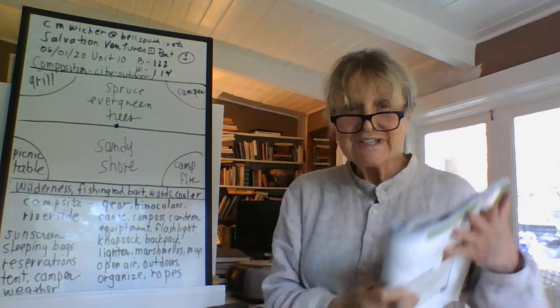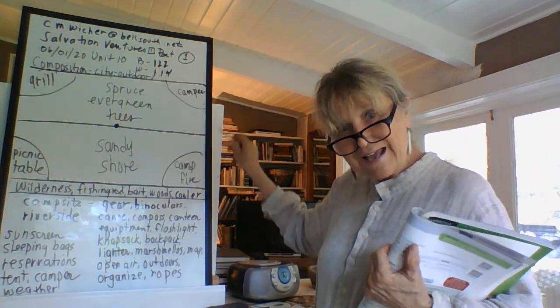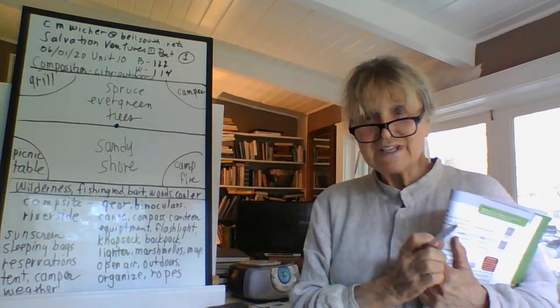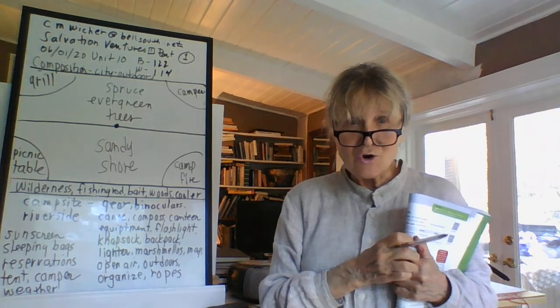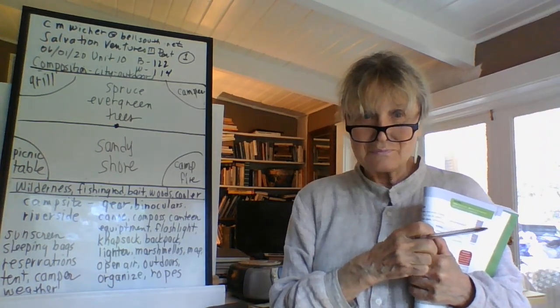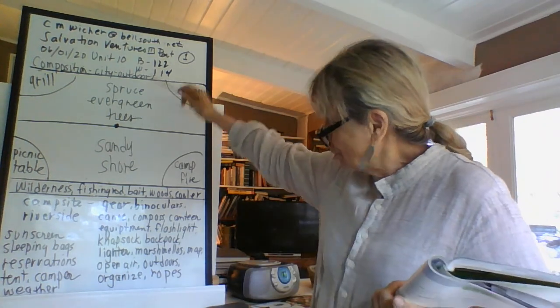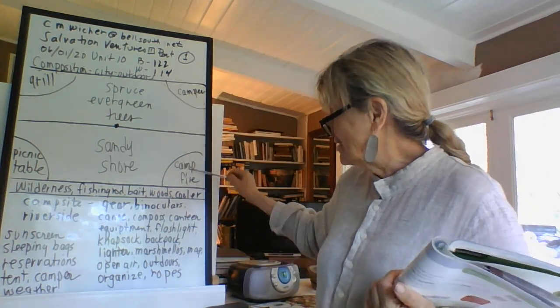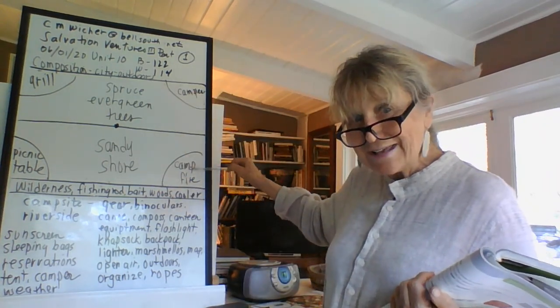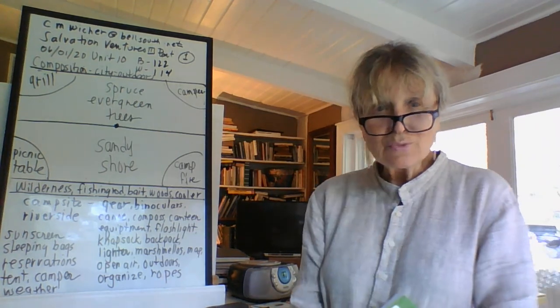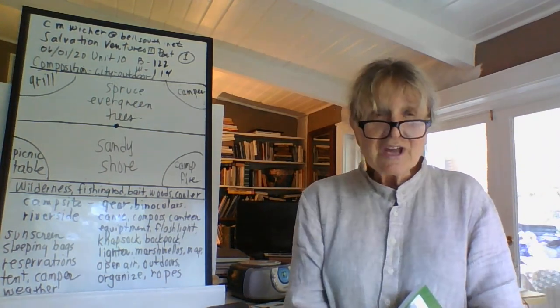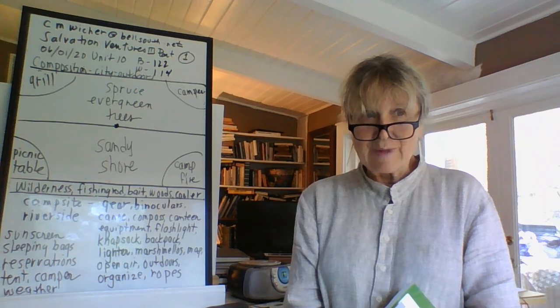What word do you see in my rectangle? What word do you see in the lower right-hand corner of the rectangle? Lower right-hand corner of the rectangle is campfire. What word do you see in the upper right-hand corner of my rectangle?